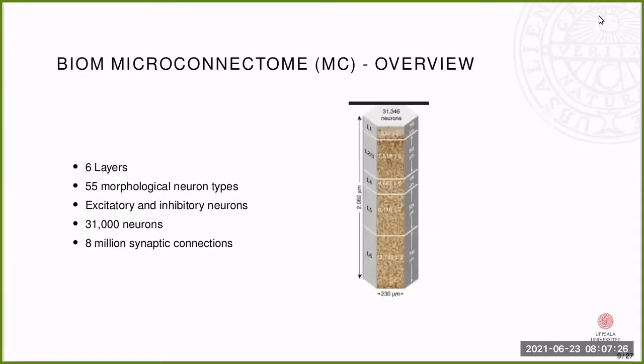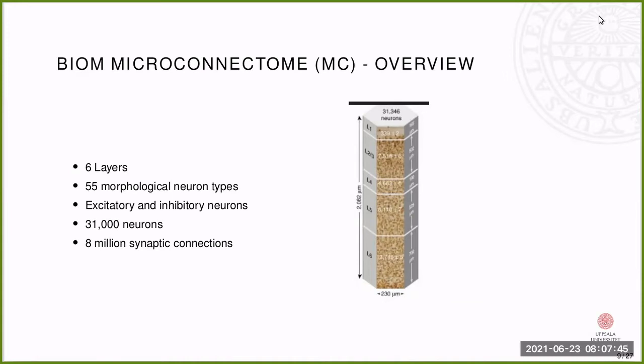If we look at this microconnectome itself, it has 6 layers, and throughout the 6 layers we have 55 morphological neuron types, again with varying attributes.